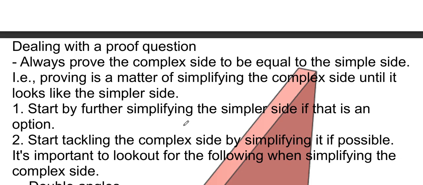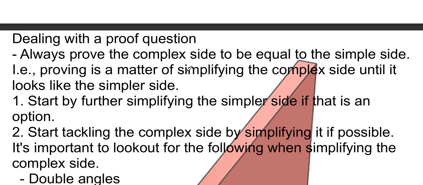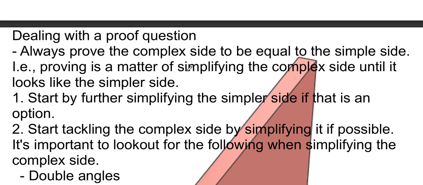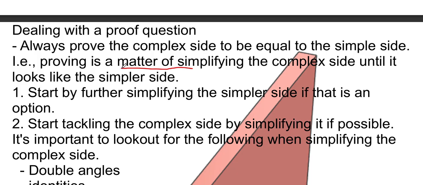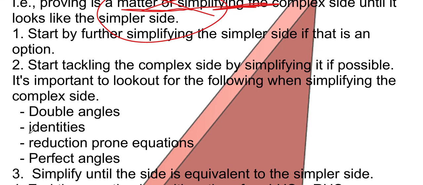And then when you're dealing with the proof kind of questions, it's always important to deal with the complex side and try to make it look like the simpler side. It's a matter of simplifying: if you simplify the complex side well enough, you will end up making it look like the simpler side. So what do you do to do this?